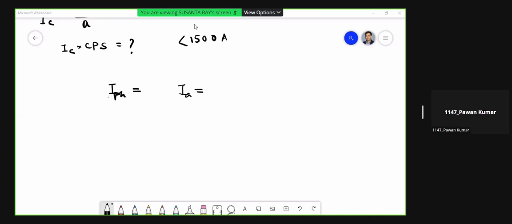Sir, you are not audible, sir. No, I'm not saying anything. I have already told you that you have to calculate the armature current, and from that you have to calculate the cross-sectional area of the armature conductors.